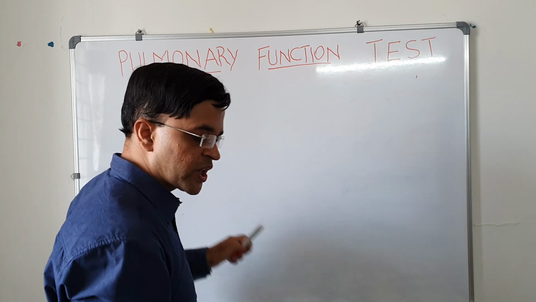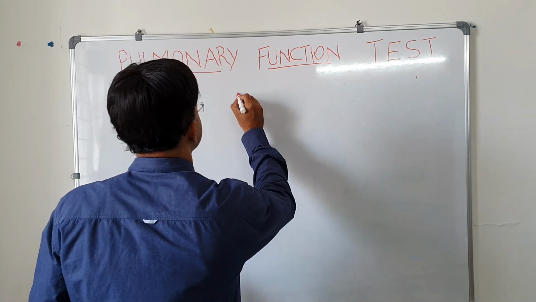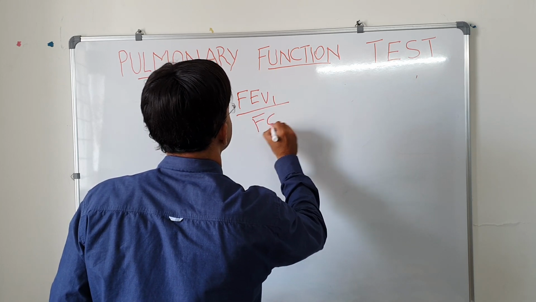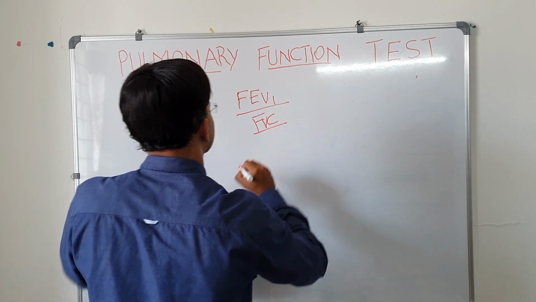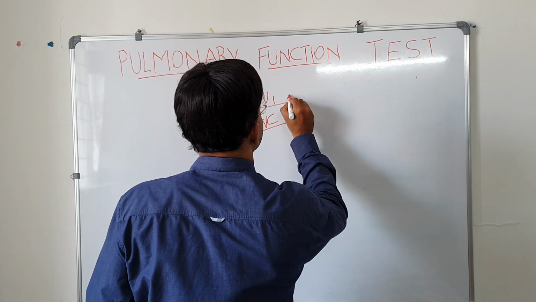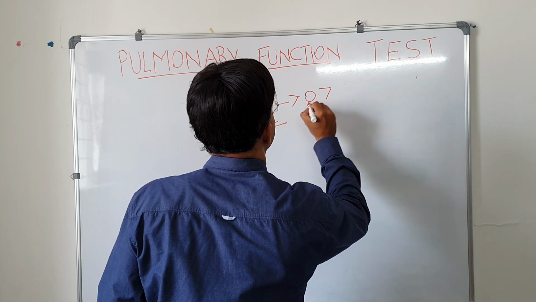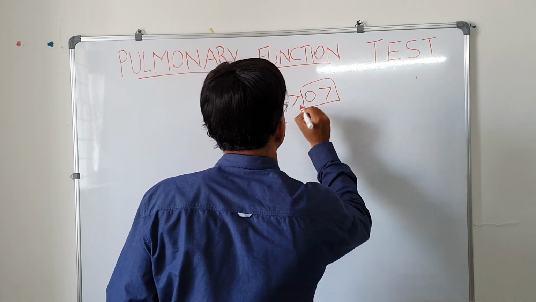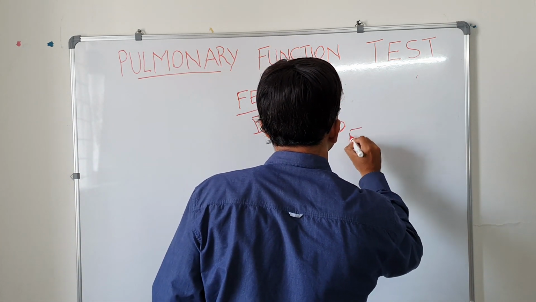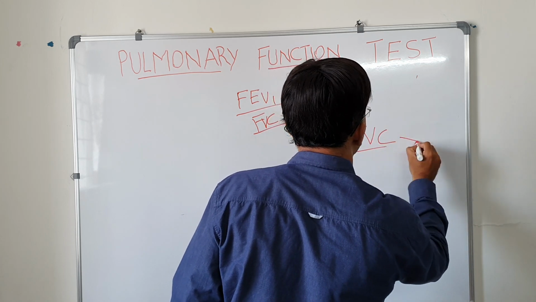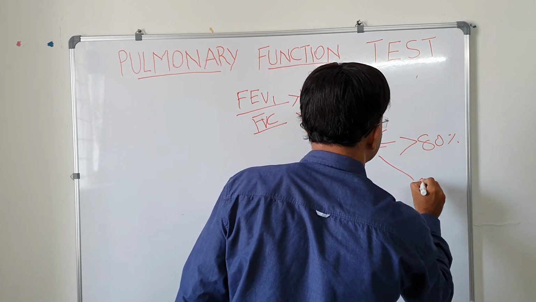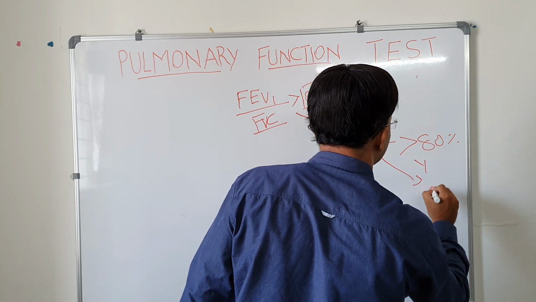Start the report by looking into FEV1 by FVC. See if it is more than 0.7 or not. If it is more than 0.7, then look into FVC. Just see if it is more than 80% or not. If it is more than 80%, then you have got normal lungs.